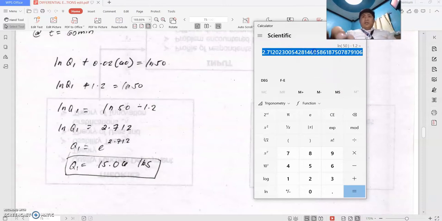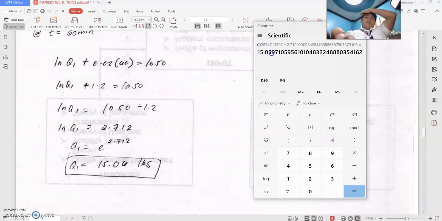Okay, from that I'll clear. So you have e raised to the power of this one, 2.71. So since this is the answer, just transpose the ln to that, equals 15.06 pounds.